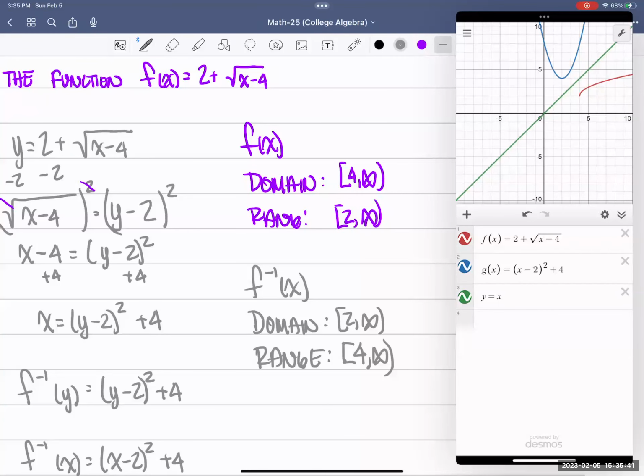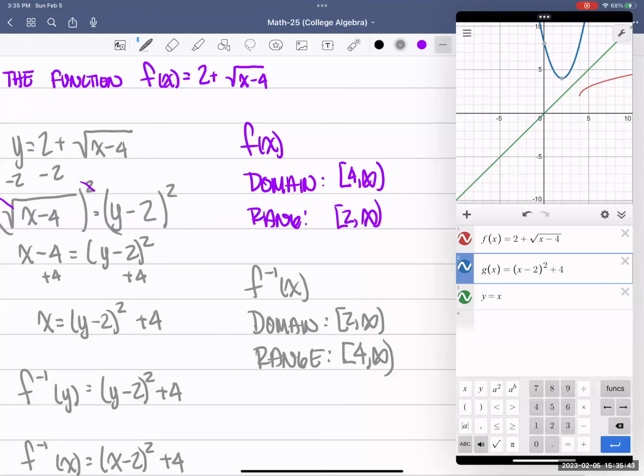So range is good. We just have to restrict our domain. So let's do domain over here. So x is greater than or equal to 2. All right, that fixes it.